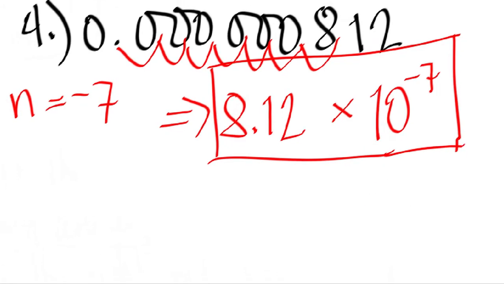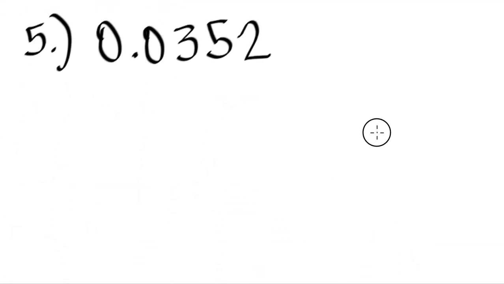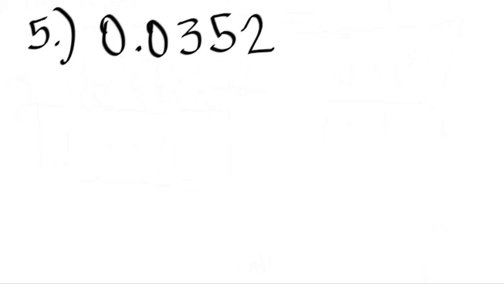It's your turn for number 5 this time. Try to convert this to scientific notation. You can pause the video for that now. Okay, let's try to answer this. This is quite simple. Here's our decimal point, and we want to move it 2 steps going to the right to achieve the value of a between 1 and 9.99.